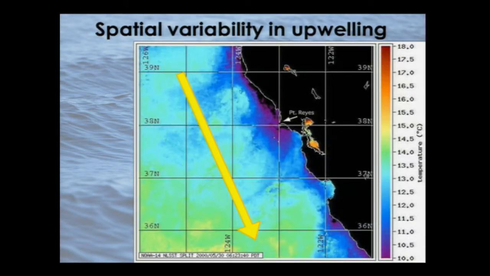So this is a map of California. This is the Bay Area. We can show spatial variability in upwelling via temperature. Like I said, the upwelling brings cold water to the surface, and in this scale, the cold water is the dark colors. We've got the winds blowing from the north.